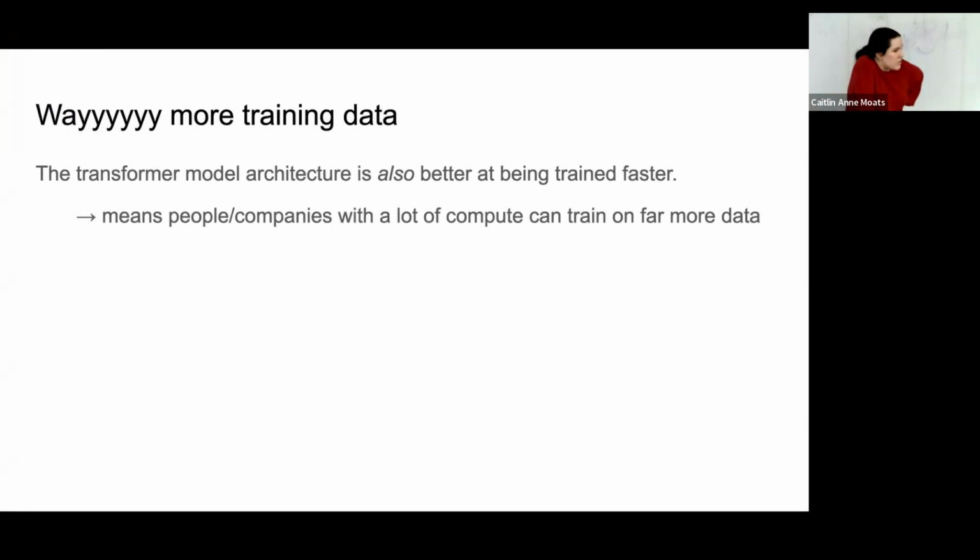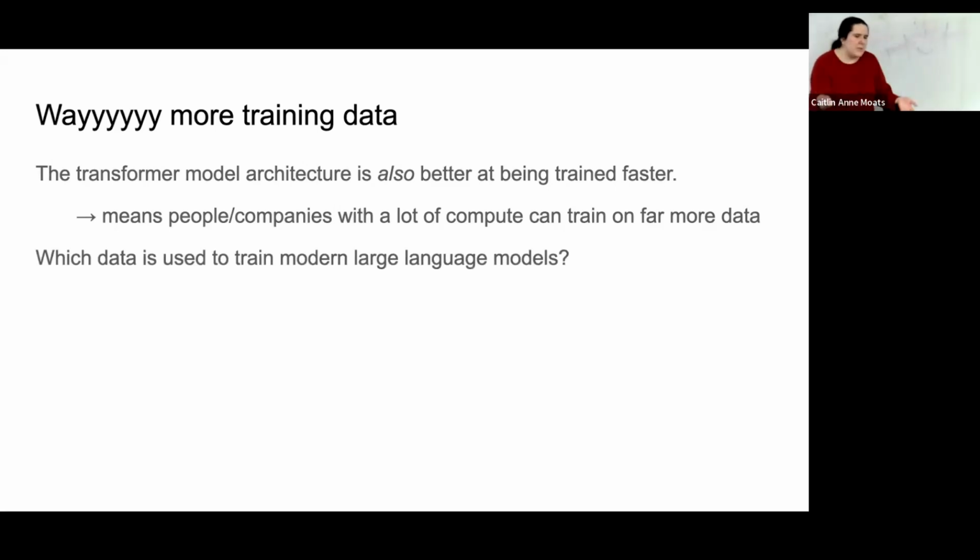But if a model just trains faster now, there's no reason why you can't just train the model for the same amount of time you would have trained it before and just train on a lot more data. So basically, they're using the extensive hardware that they have to allow them to get through a lot more training data faster. In other words, current large language models have seen so much more training data than any language model we had as of a couple of years ago.